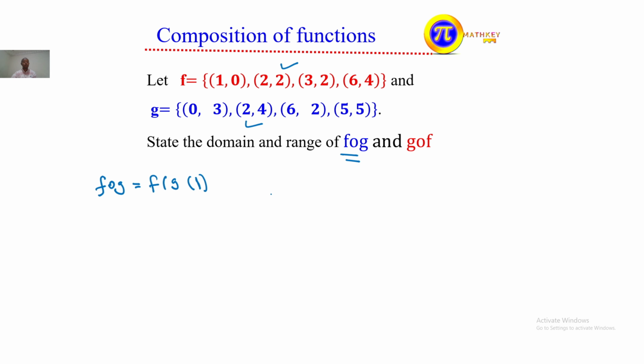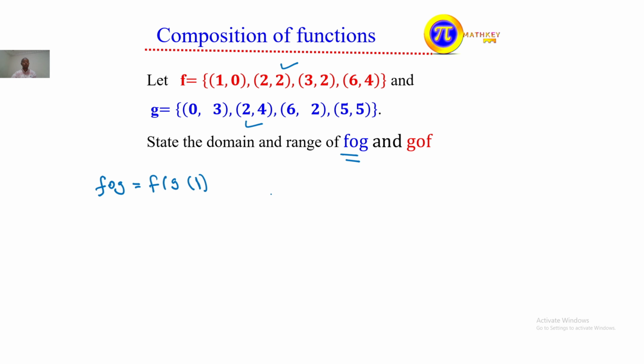So using this information we perform this fog x, or fog of a given function, when the range of g becomes the domain of f. The range of g must be in the domain of f; only then can we perform it. So when we take 0, the range is 3. We will try to find 3 in the domain of f.